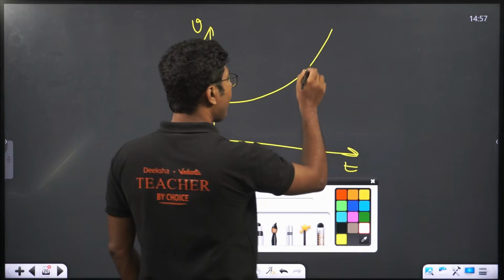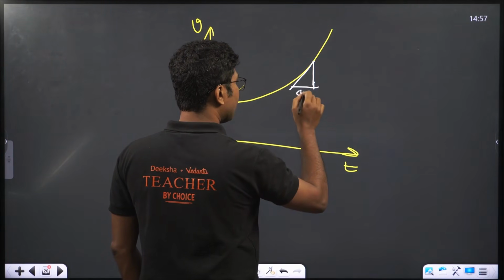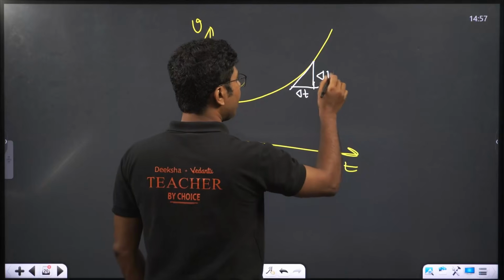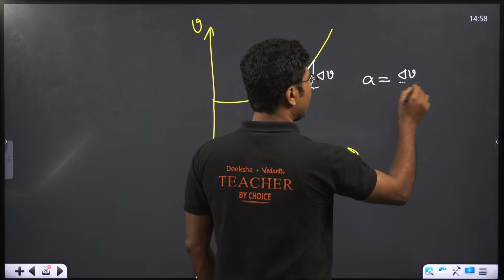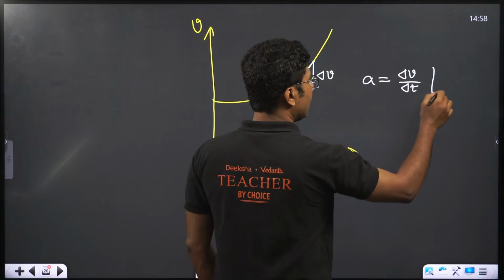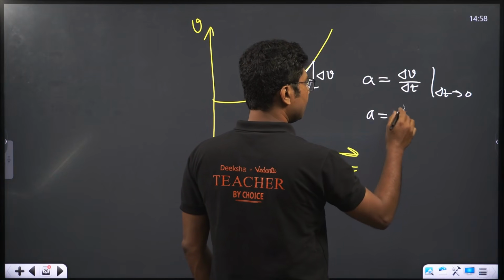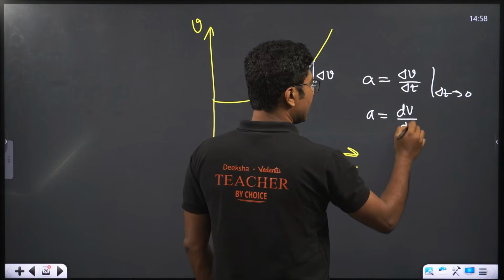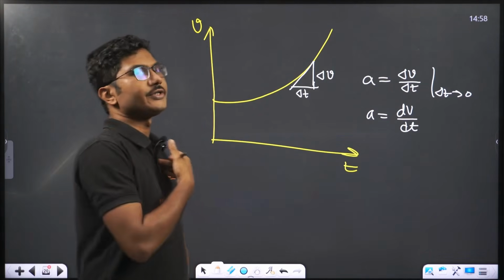Same way, this is delta t, this is delta v, then acceleration is delta v by delta t, with delta t tends to 0. Or acceleration can be written as dv by dt. Same formula, same rules for differentiation.